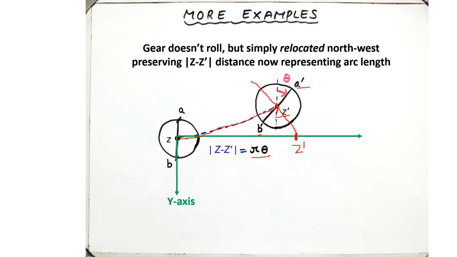So in this step, we say that the planet gear A does not roll, but simply relocated northwest, preserving the arc length that connects the initial central position of the planet gear A to the final center position of the planet gear A.